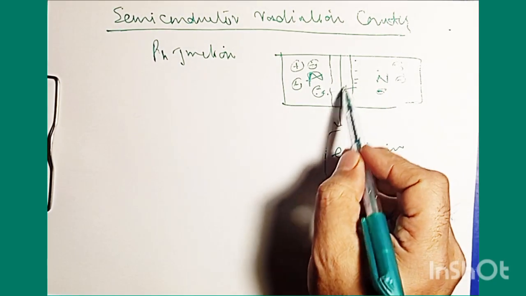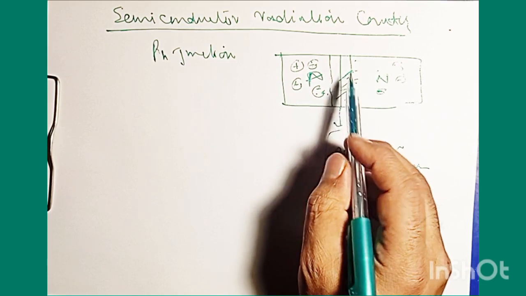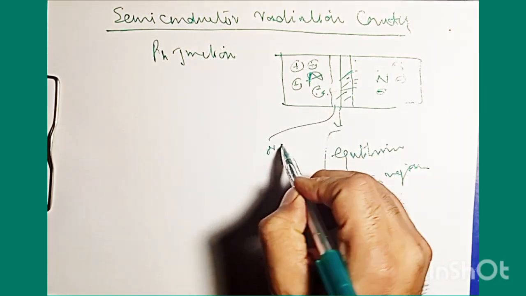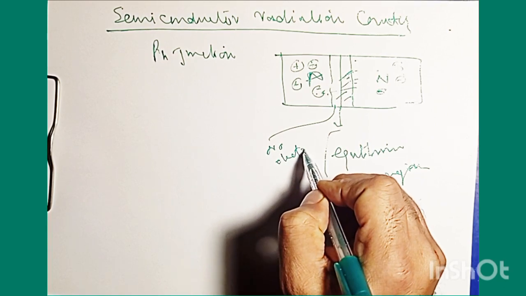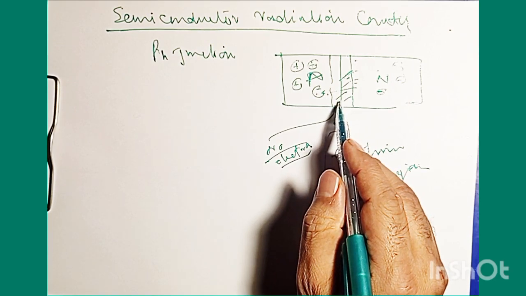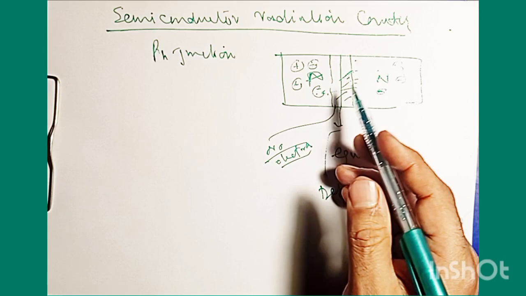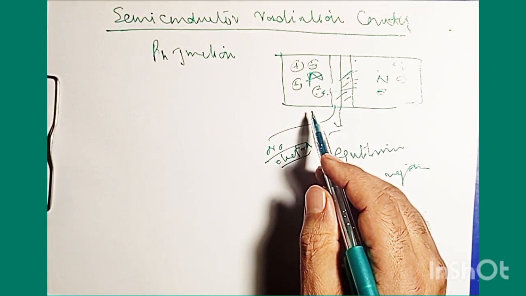Within this depletion layer, there are no electrons and there are no holes who can contribute to the current.